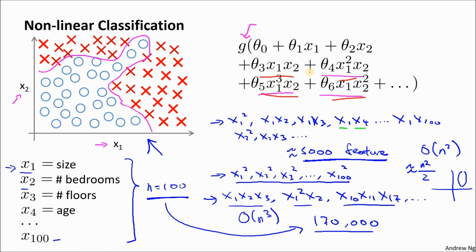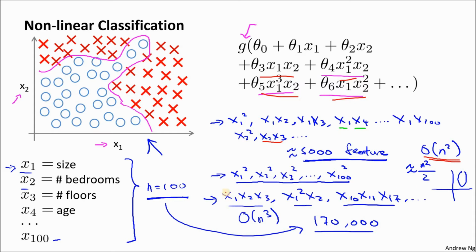Overall, when you have these higher order terms, they make the computation more time consuming. Those of you who have already taken the course on algorithm analysis will know that with an average of 5,000 features and these complex terms, it can take up to O of n square complexity.